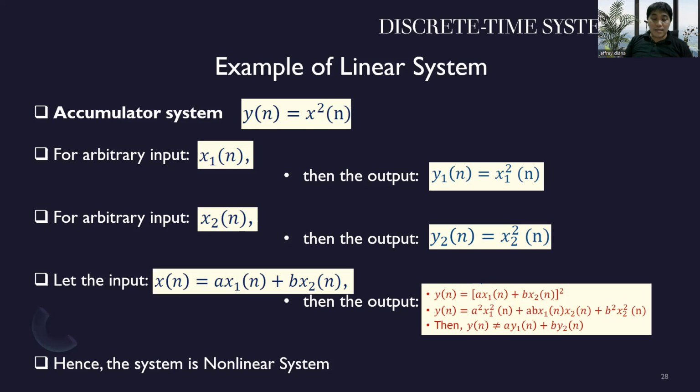So let the input x[n] = a·x₁[n] + b·x₂[n].